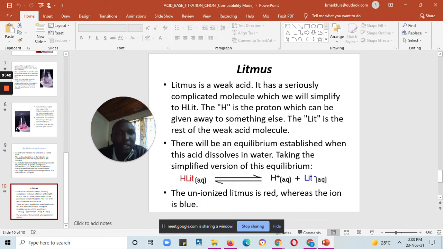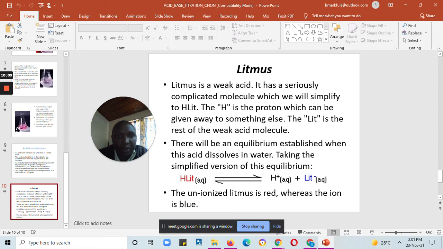So we are just calling it seriously complicated because it is a complex molecule. For simplicity, we use that abbreviation where H is the proton, the hydrogen ion, which can be given away to something else. So the Lit is the rest of the weak acid molecule.